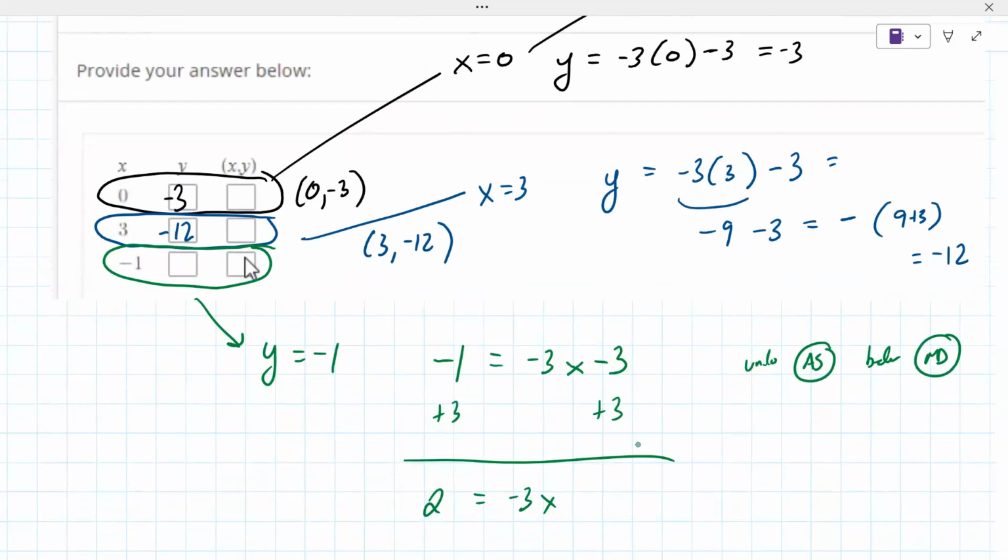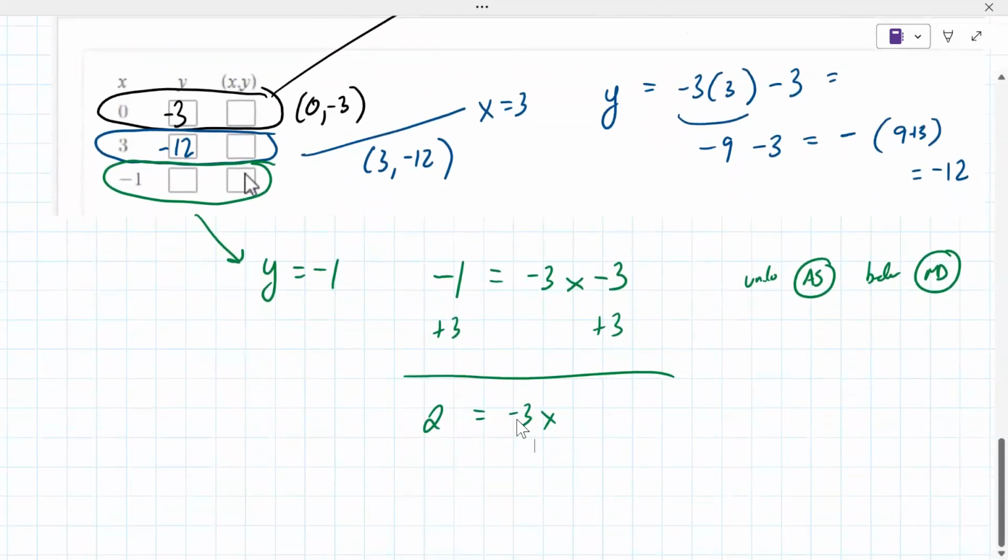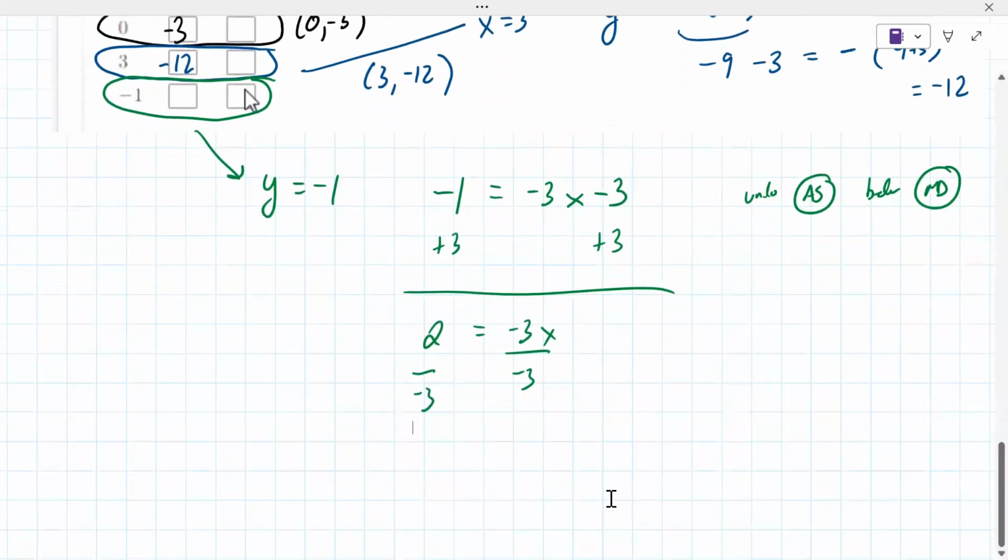Would it be 2? Well, it is 2, and then we still have this -3 in front of the x. Now it's multiplying the x. How do you undo multiplication? Division. You divide both sides by -3. So this becomes, and sometimes you switch the sides so the variable is on the left, it becomes -2/3.